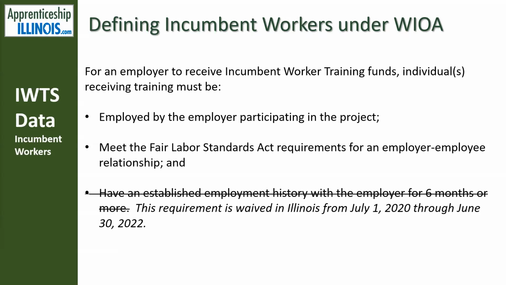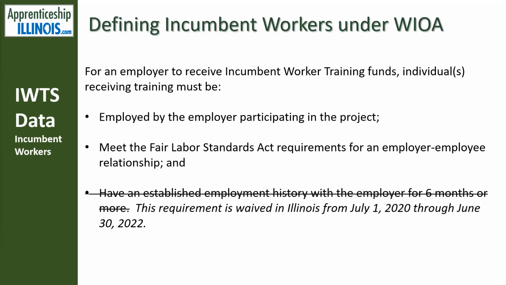And why that matters is it's not just enough for the worker to be employed. In incumbent worker training, it differs from regular workforce training. In regular workforce training, our relationship is with the individual. The individual signs up to participate in the program and is enrolled and gets services.